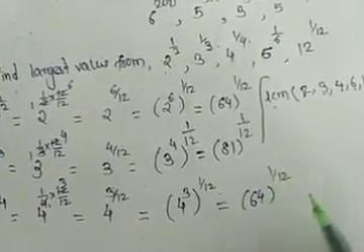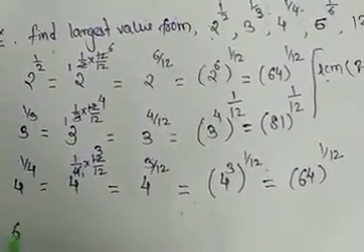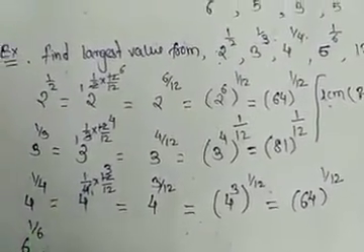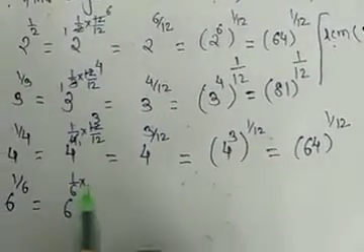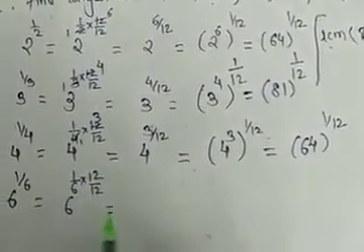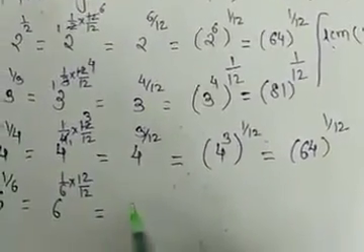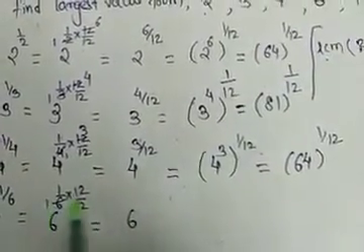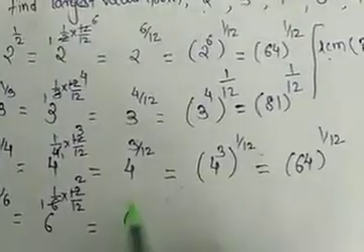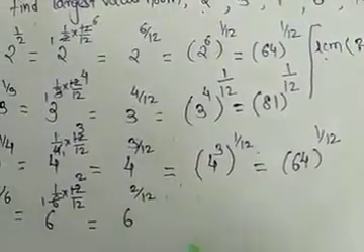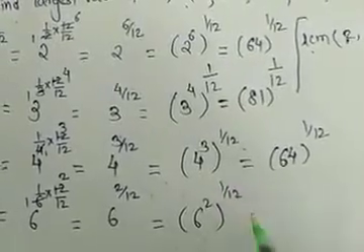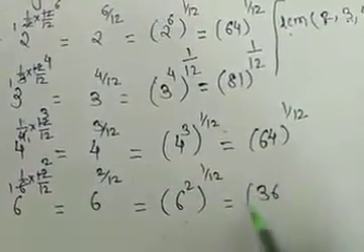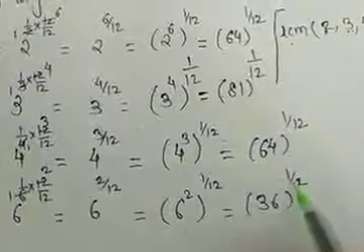Next, 6 raised to 1 by 6 is equal to 6 raised to 1 upon 6 multiplied by 12 upon 12, which is 6 raised to 2 upon 12, which is equal to 6 squared raised to 1 upon 12, which is 36 raised to 1 upon 12.